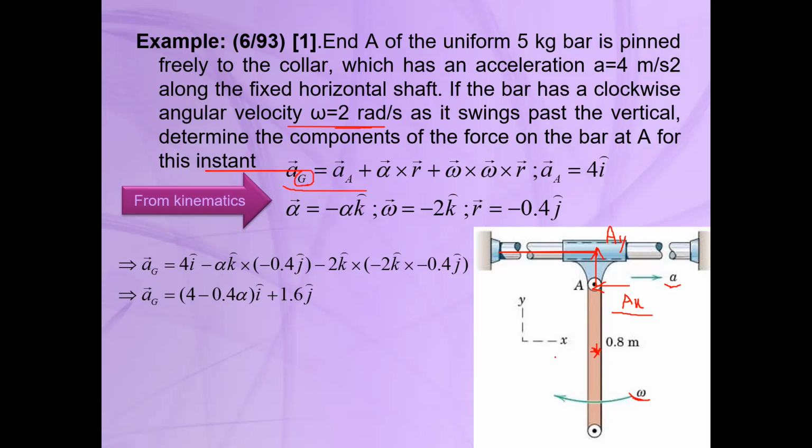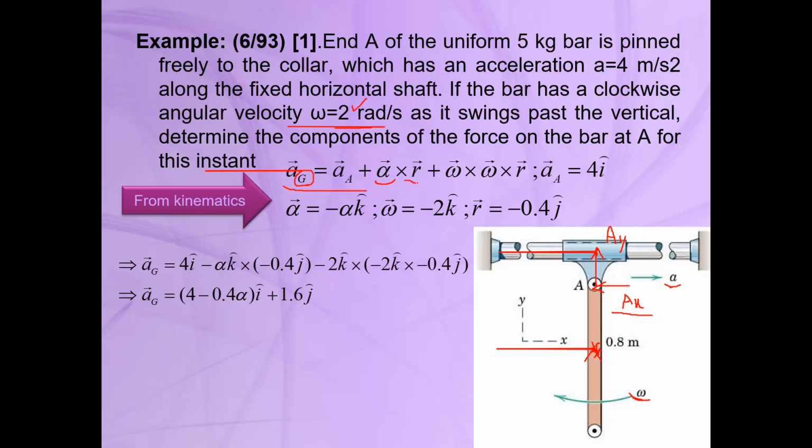So we can write the mass center acceleration for this point in terms of the acceleration of point A. So AG is equal to the acceleration of A plus the angular acceleration cross R. This alpha is the angular acceleration of this bar, because we don't know how much is this. We just know that the angular velocity is 2 radian per second, but we don't have any information about the acceleration of this bar.